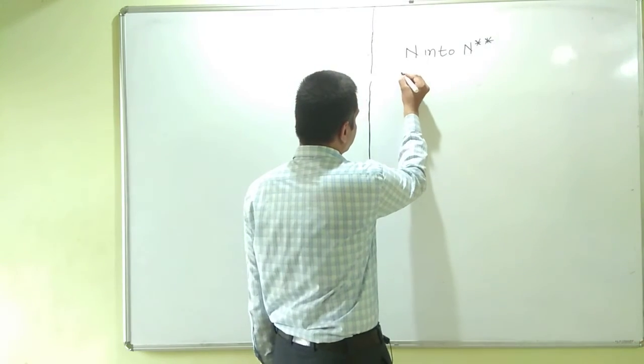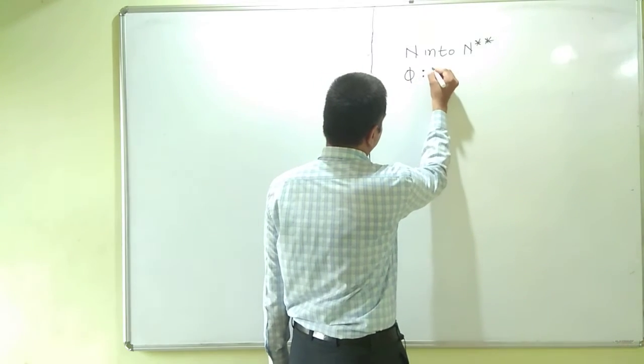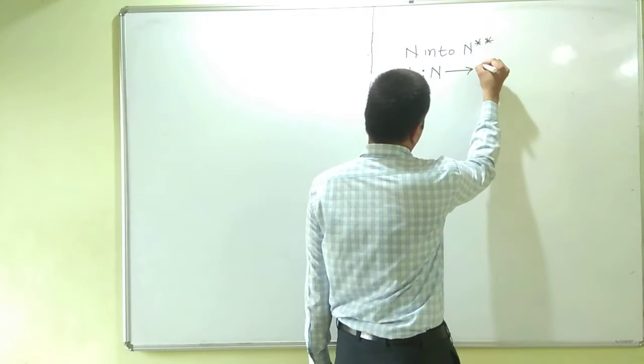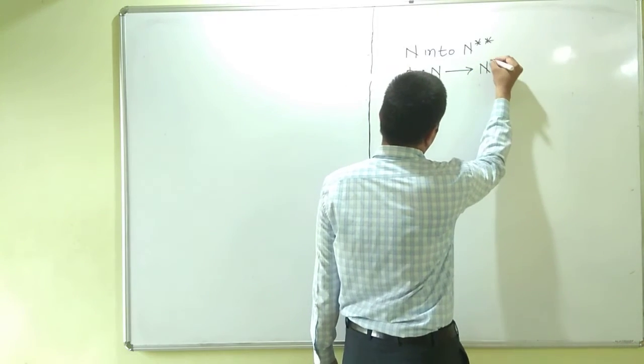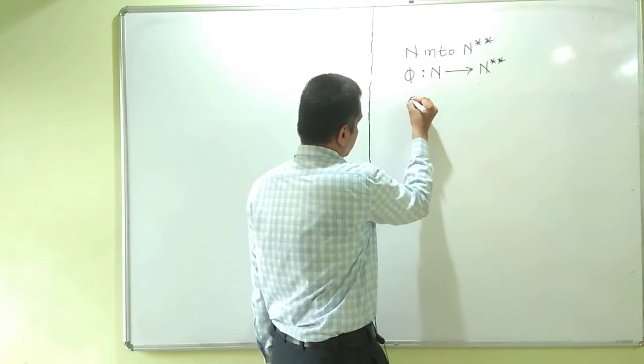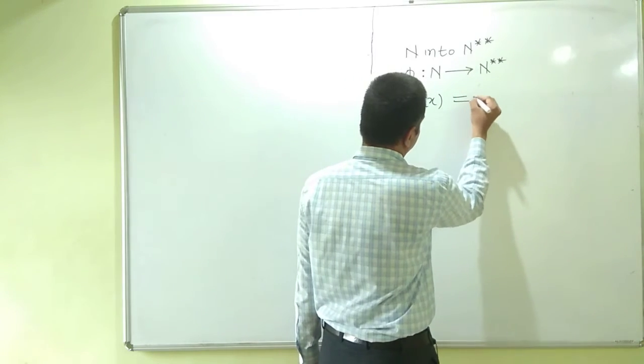Recall that we have defined a function phi from N into N star star as phi of x is equal to Fx.